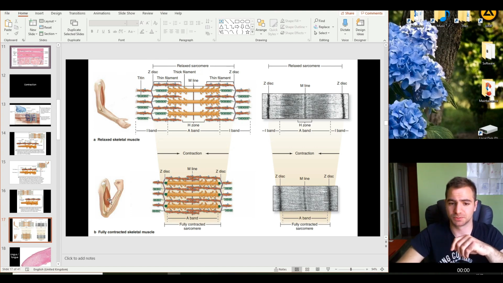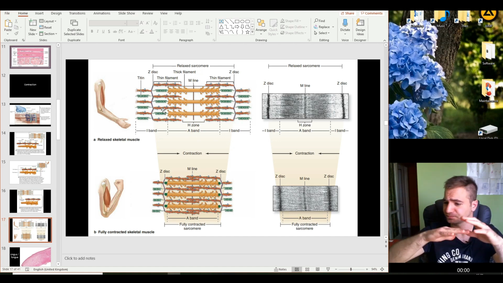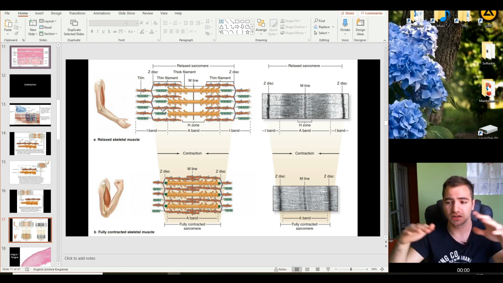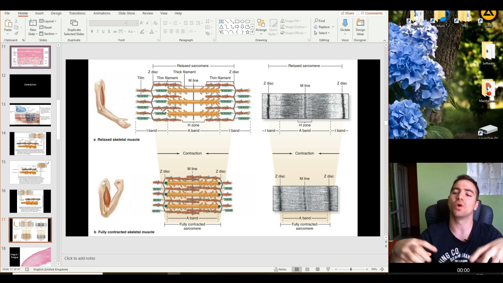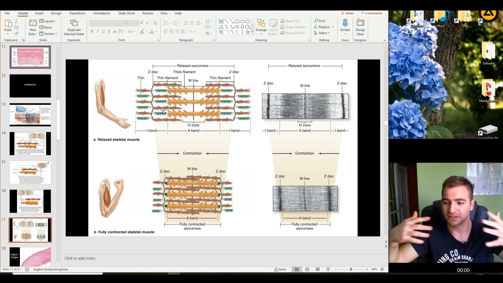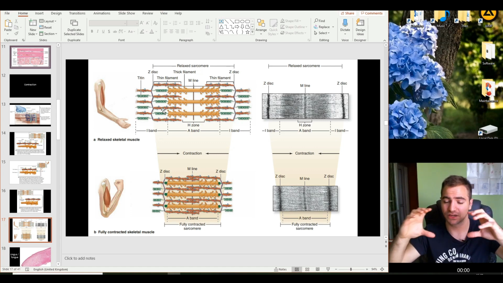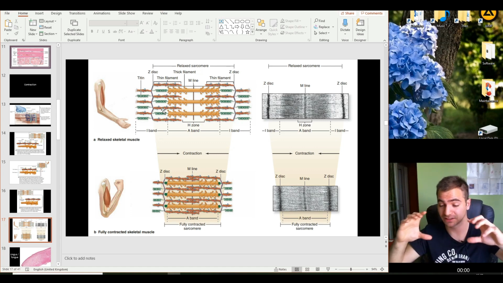This is actually a very nice picture that lets us realize what happens at the same time. In the relaxed skeletal muscle, we have it as it was at the beginning. There is no attachment between the myosin and the actin. The thin and thick filaments are not attached and they're free. Once there's again the nerve impulse, the calcium is going to be freed from the sarcoplasmic reticulum into the cytoplasm of the skeletal muscle.